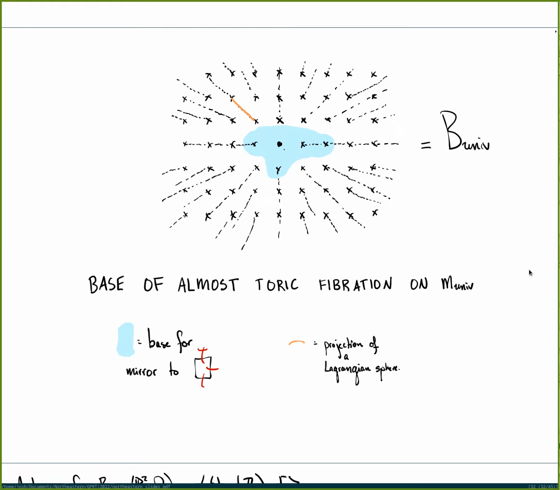So I have this lambda here, some bundle sitting inside of the cotangent bundle. I can read off the monodromy. I can build such a bundle that I specify the monodromy, and the monodromy is going to be shearing along the direction specified by the rays.